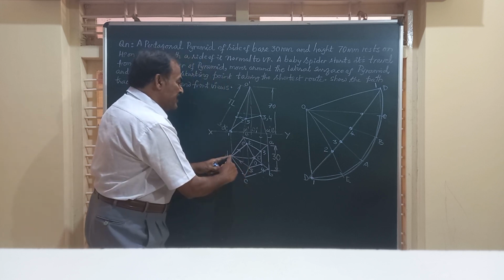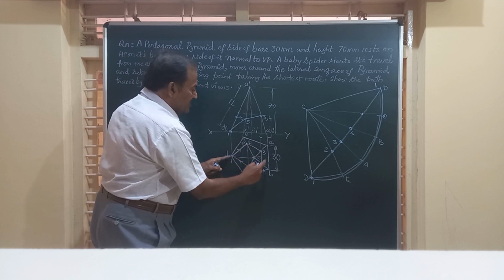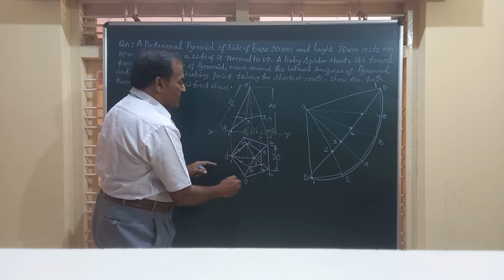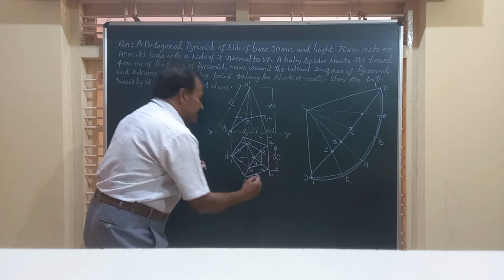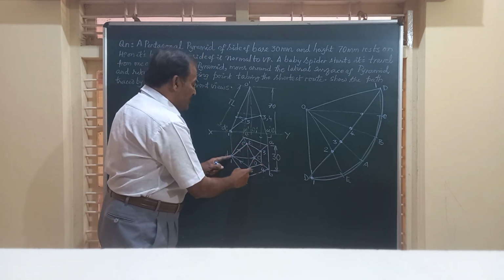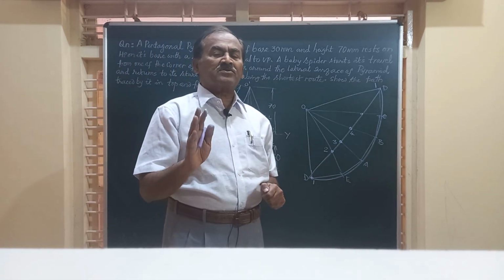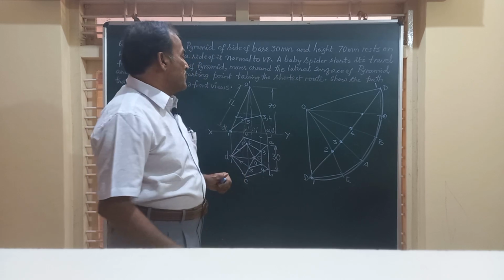So starting from D, it is going to touch this OE, then this, and this comes back. So this is the path, that is 1, 2, 3, 4, 5, 1 is the path traced by the baby spider in the top view.